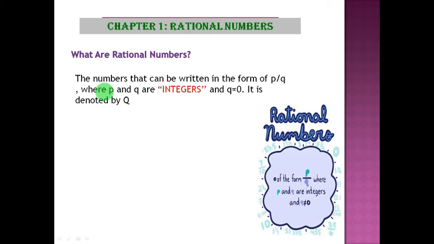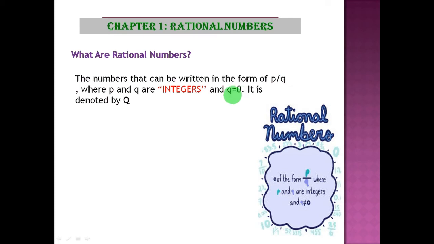Yes, where P and Q are integers. This is a very important point you should observe here, you should concentrate here. So P and Q are integers. The numerator should be an integer, and the denominator Q here also should be an integer.